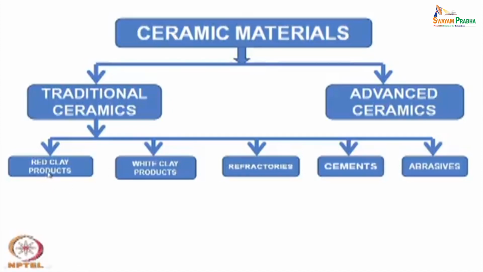The clay which is normally available contains a lot of iron oxide, and when it is fired it produces the brick red color. So, all the products prepared from normal clay or common clay are known as red clay products because of the red color.